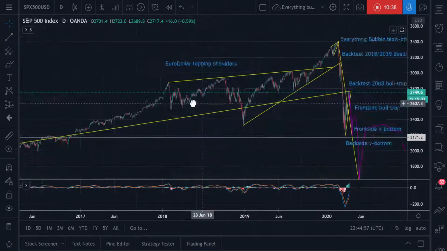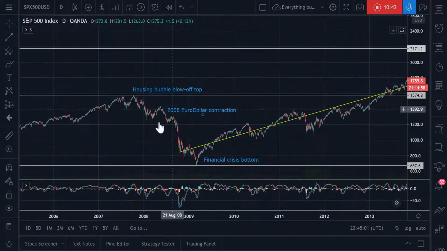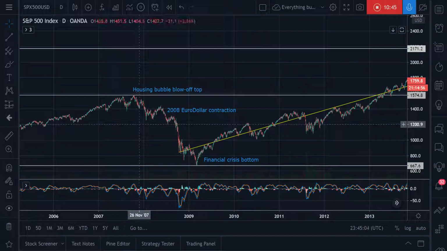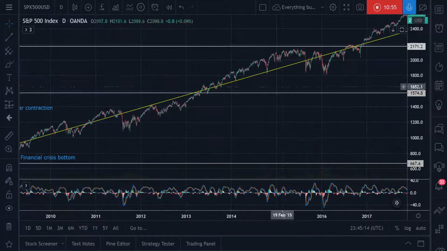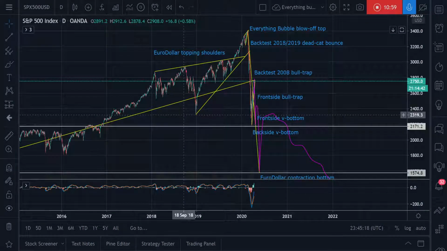And then I don't know if there's a quad 1 drawdown on the backside of this thing. I don't know what they look like on that side. I don't have any examples.